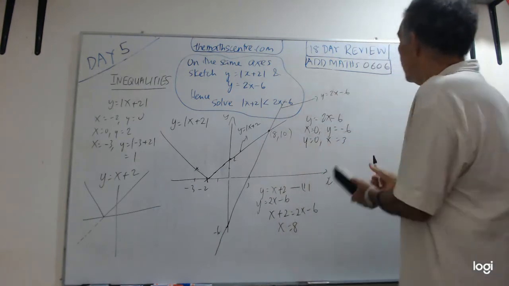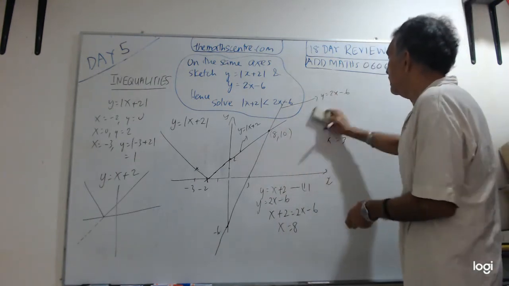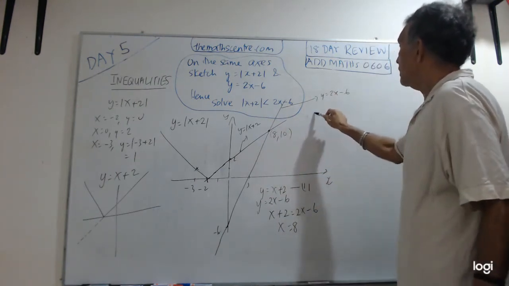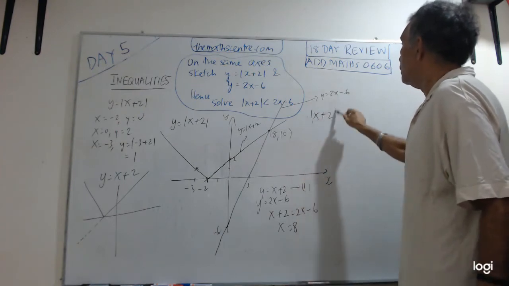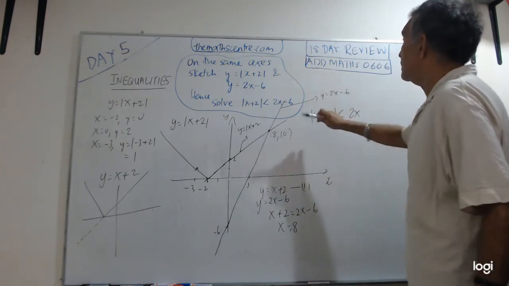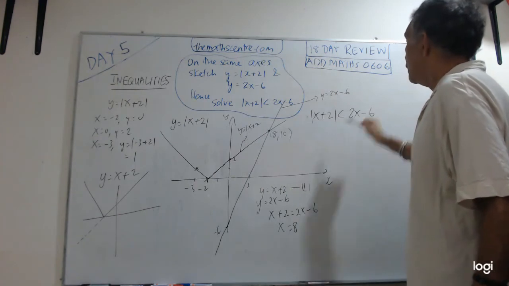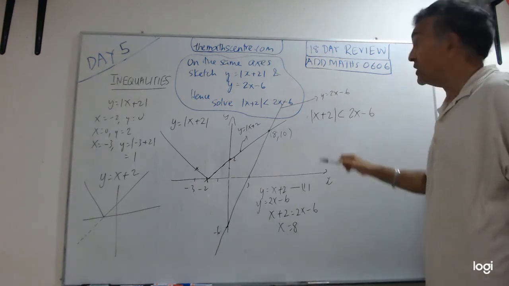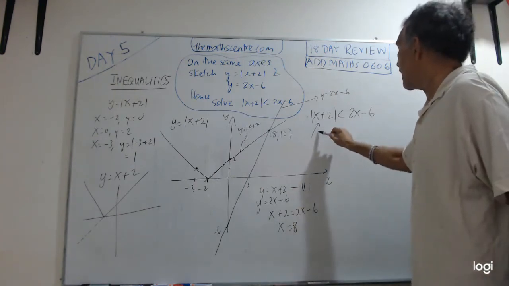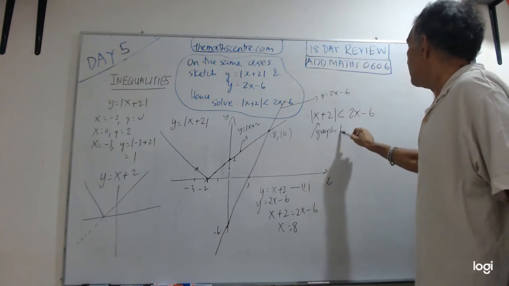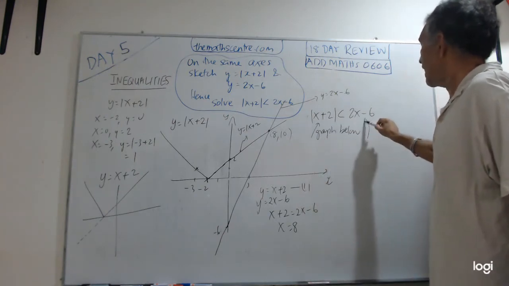The inequality, let me erase this part, we don't need this. The inequality says |x + 2| is less than 2x minus 6. So the question you should ask yourself is, when is this graph below this graph?